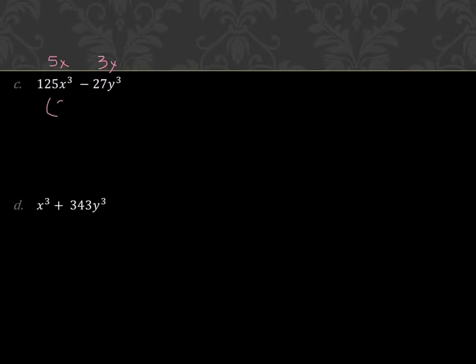So this is going to be 5x minus 3y times a squared, so 25x squared plus, remember the sign changes, a times b, so 15xy plus b squared, so 9y squared.